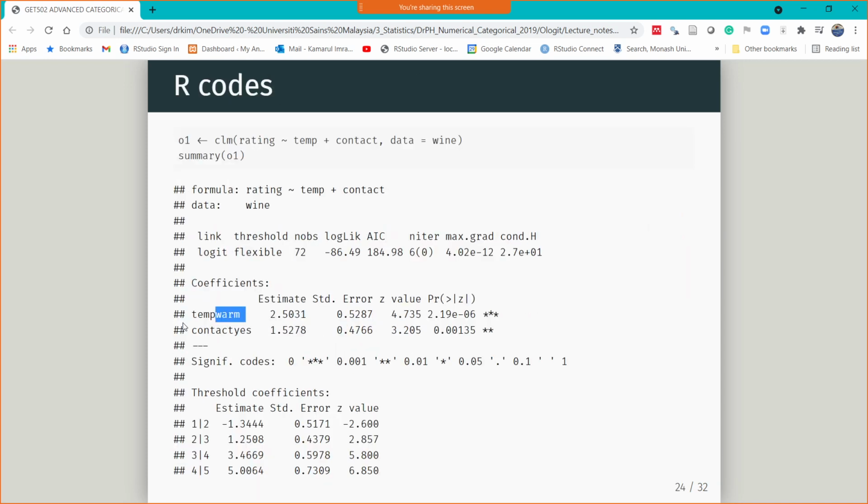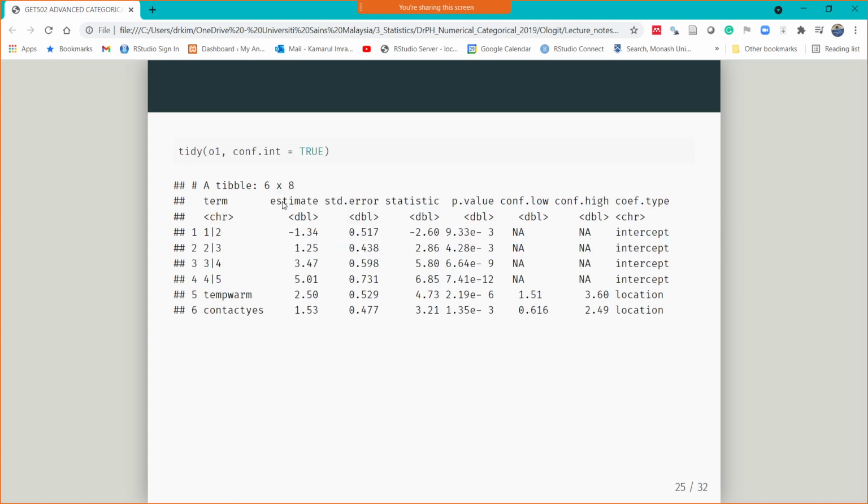So the warm temperature has 2.5 times the log odds to be in the greater category of outcome. If there has been contact with the wine, then the log odds to be in the greater category will be 1.53.